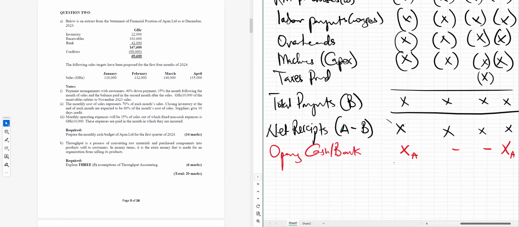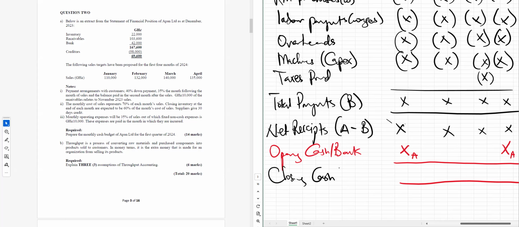Now, if you add these ones, okay, you are going to get what? The closing. So the net receipt plus the opening should give you the closing cash or bank balance you are looking for, right? So this net receipt plus XA will give you XB. And we know closing for this month becomes opening for the next month.